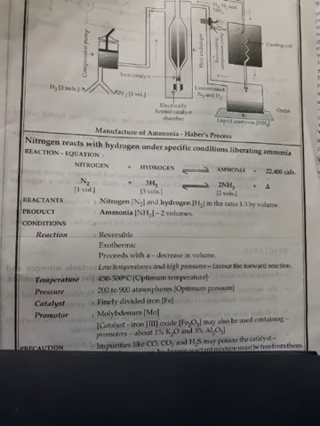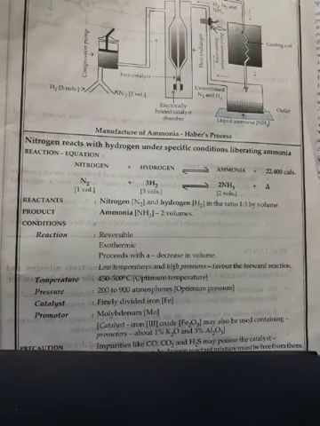But one thing more, at very low temperature the reaction will be very slow. So what temperature is selected? Optimum temperature, that is 450 degrees Celsius to 500 degrees Celsius. This is chosen as optimum temperature. At this temperature the reaction is neither too slow nor too much ammonia will decompose.